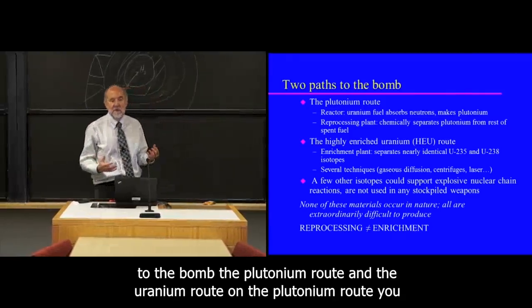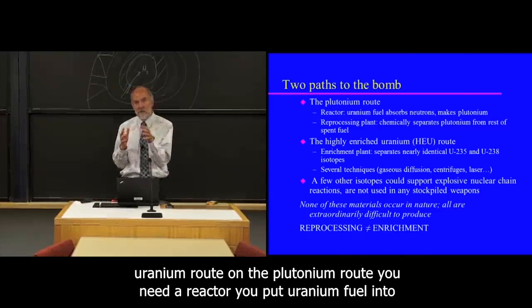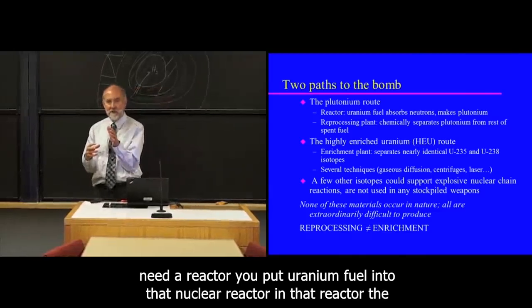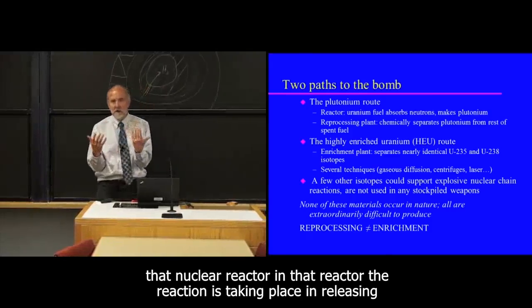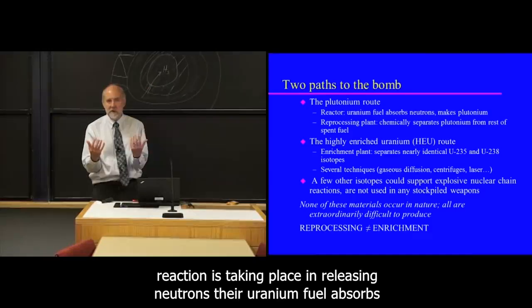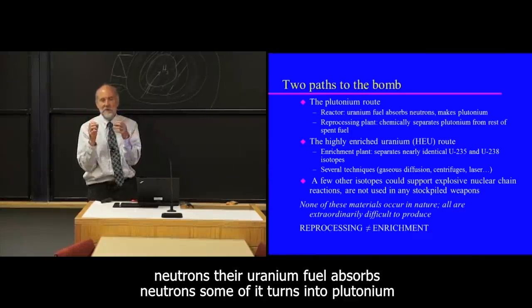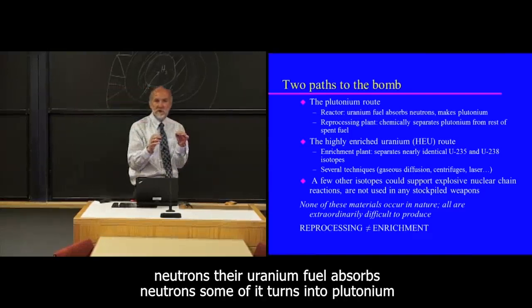On the plutonium route, you need a reactor. You put uranium fuel into that nuclear reactor. In that reactor, the reaction is taking place and releasing neutrons. The uranium fuel absorbs neutrons. Some of it turns into plutonium.